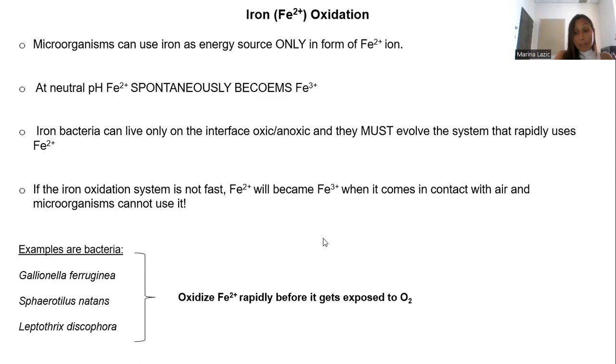These bacteria live basically at the surface, and they evolved a system that enables them to rapidly consume oxygen and rapidly oxidize iron and reduce oxygen, because iron 2 plus in the presence of oxygen spontaneously gets oxidized to 3 plus, and then it's useless. So Gallionella, Sphaerotilus, and Leptothrix evolved to rapidly consume iron before it gets exposed to oxygen.